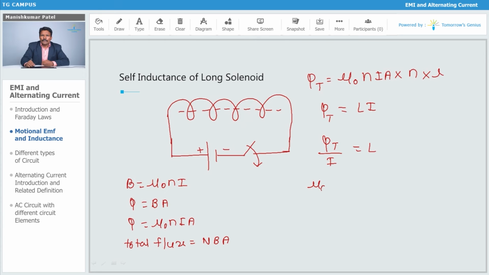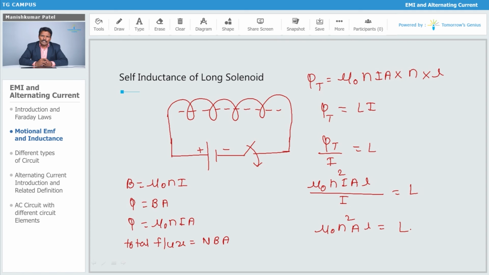Then I can write μ0 n, and n squared, I A, which is L. Further, I can write it down, and I cancels, giving μ0 n squared A L. This is the value of the self-inductance that we have calculated for this particular case.